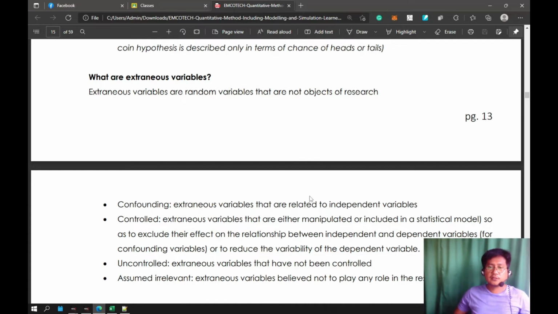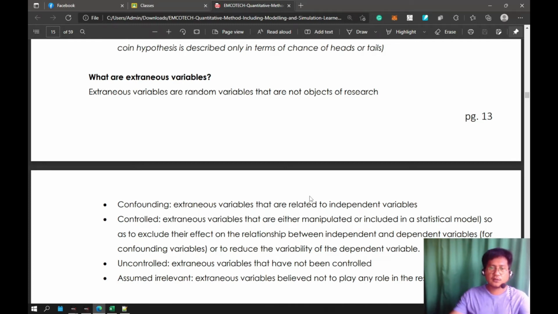Controlled extraneous variables are either manipulated or included in a statistical model so as to exclude the effect on the relationship between independent and dependent variables for confounding variables. So, to reduce the variability of the dependent variable. While the third one is uncontrolled, extraneous variables that have not been controlled.